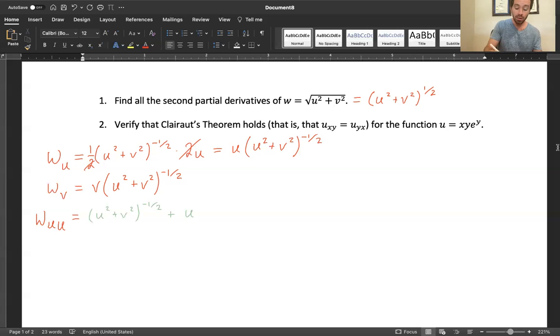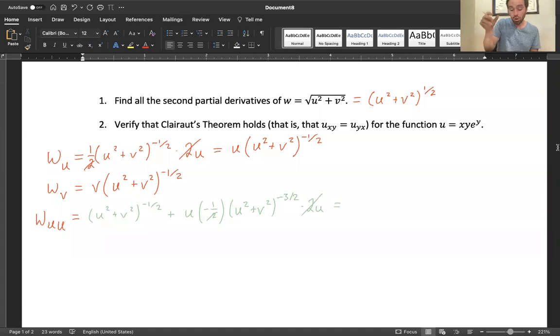So this is going to be times negative 1/2 times u squared plus v squared to the negative 3/2. And so far, this is only the derivative of the outside, but I need the derivative of the inside as well. With respect to u, that's 2u. So the 2's go away, and the u's merge to make a u squared on the top.